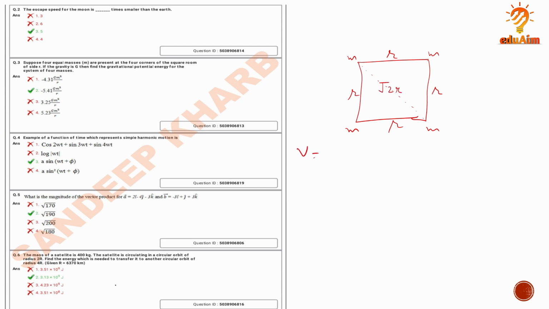Now we know gravitational potential energy is minus G m1 m2 by r, the distance separating the masses. Now we have equal masses, so we have minus G m squared by r. So we have 4 pairs of masses lying on the sides of the square, so the potential energy from here will be 4 times GM squared by r. The distance between them was r for all, and the masses are also equal.